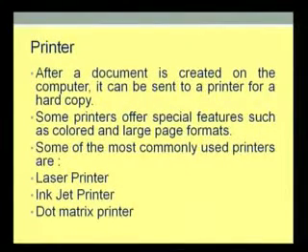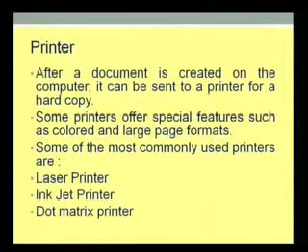Then the inkjet printer. An inkjet printer is a middle-level printer in between the laser printer and the dot matrix printer. An inkjet printer uses ink spray technology, which is sprayed on our paper, and inkjet printers are a low cost solution nowadays.